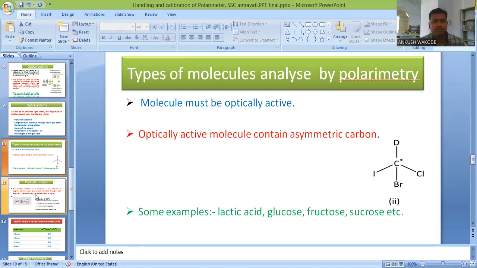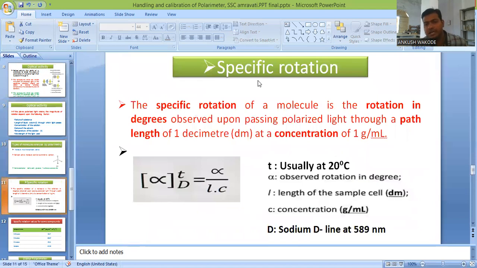So next, a very important term: specific rotation. The specific rotation of a molecule is the rotation in degrees observed upon passing polarized light through a path length of 1 decimeter at a concentration of 1 gram per ml. So here is a formula.